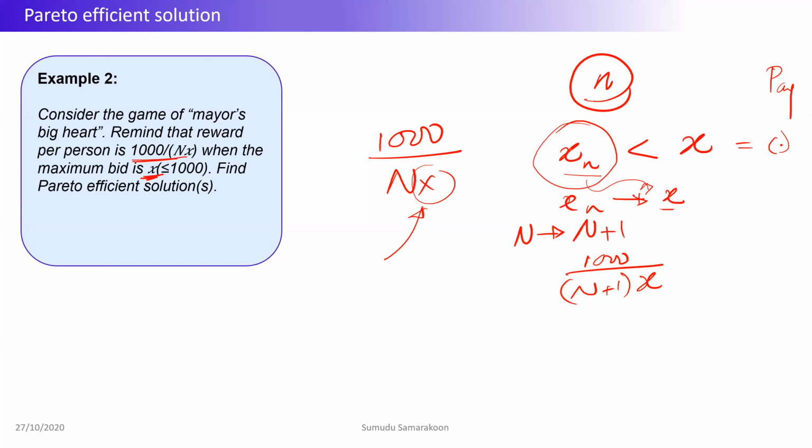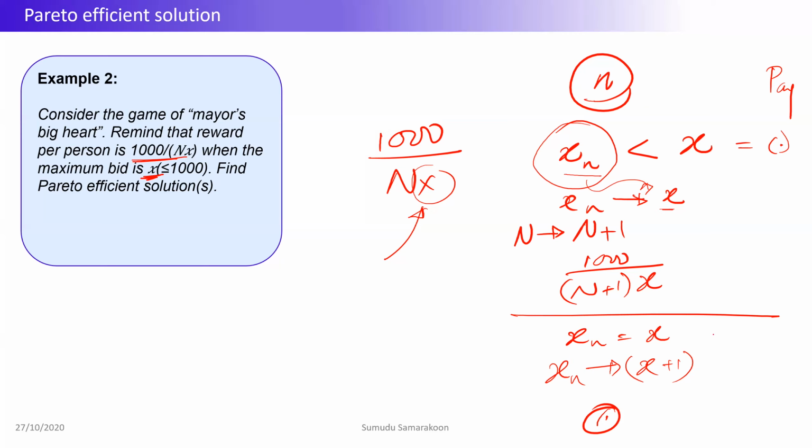Now consider a guy who already has the bid xn equal to x. Now let's see whether he prefers to go for something like x plus 1. By doing so, all other players will get a payoff of 0, which means changing the strategy to improve his own utility causes a loss of utility for other players, so this is not allowed.